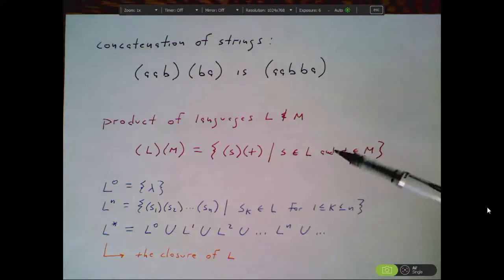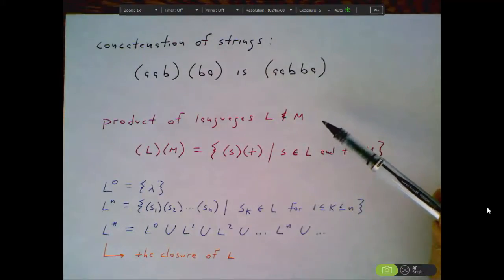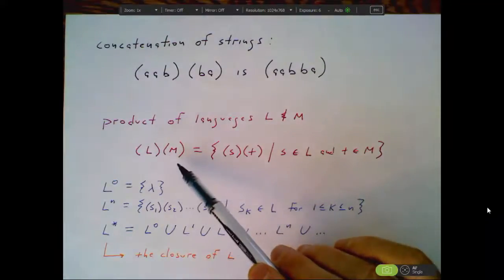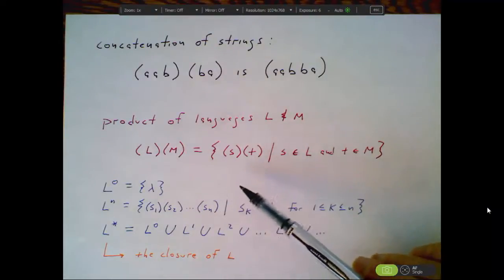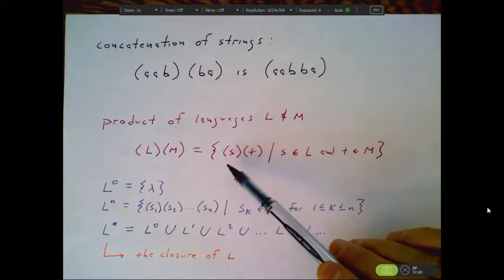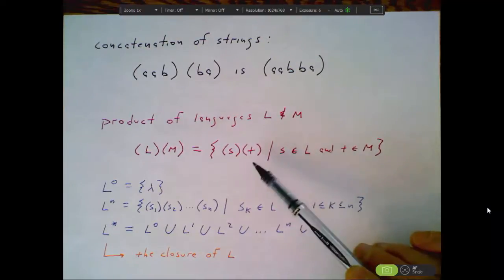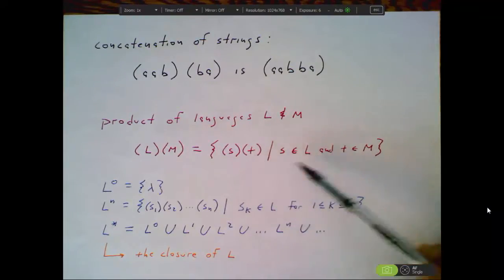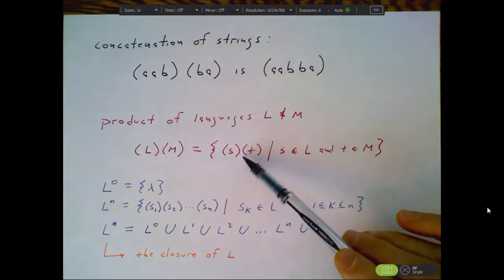Well, we can then talk about the product of languages. So if we have two languages, L and M, I can talk about L times M, which is defined as the set of strings where each string is built from concatenating a string from the first set with a string from the second set. Again, this is string concatenation here.